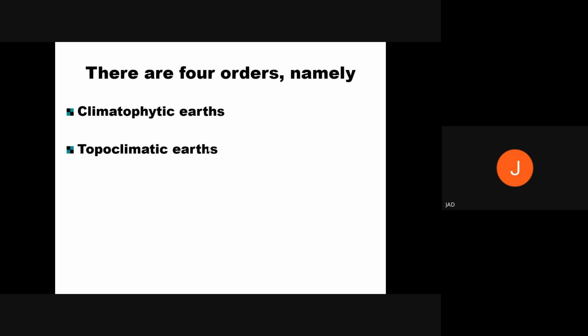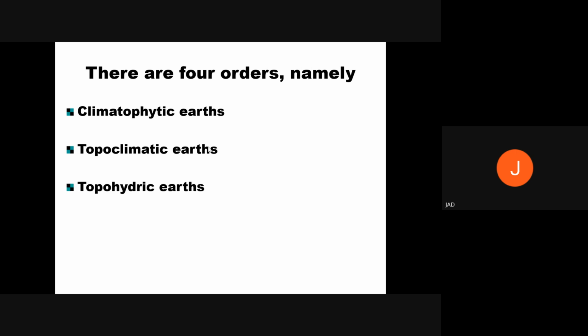And of course, when we say topo, we are referring to the relief and the configuration of the land surface, such as inclination, exposure of slope, altitude, the presence of valleys or depressions. So we use that to describe soils in Ghana.